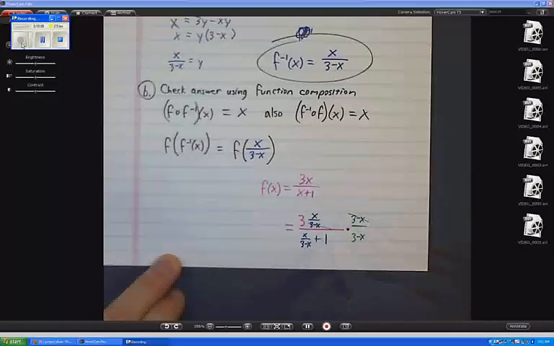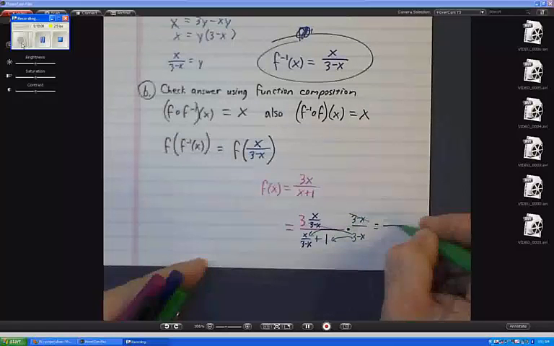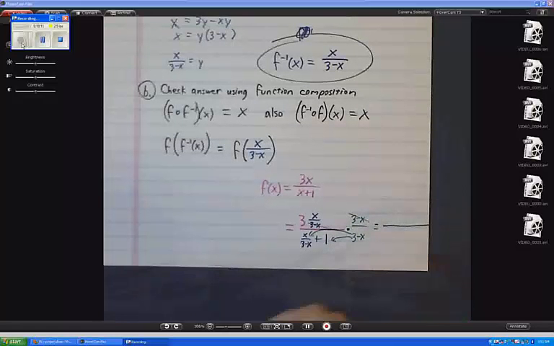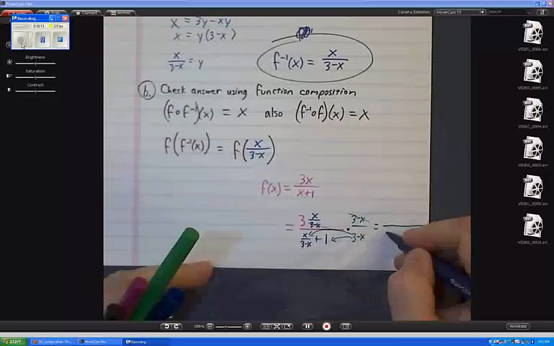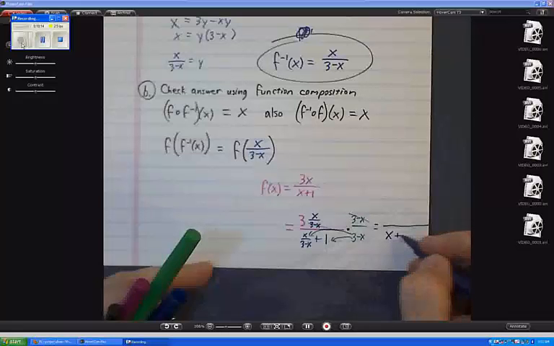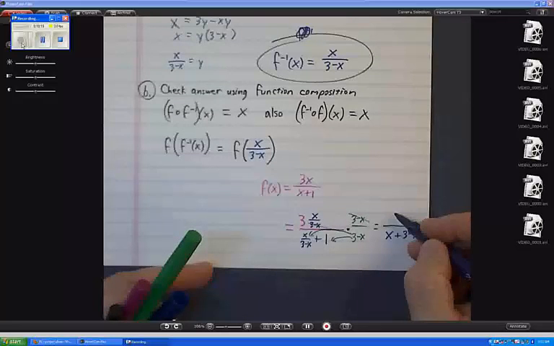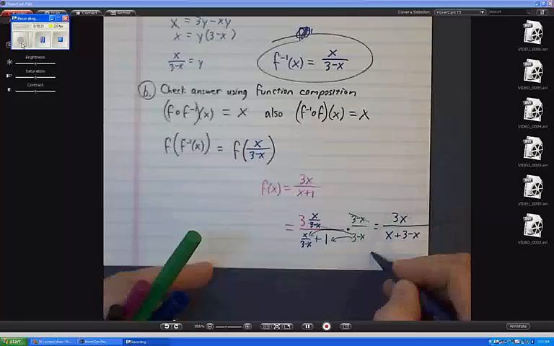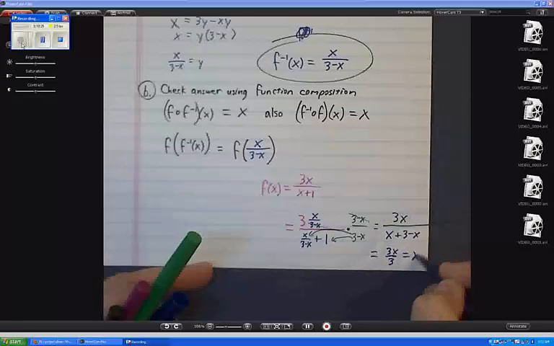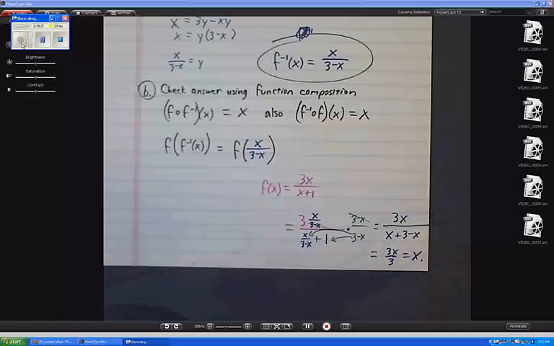On the bottom, you have to distribute. When you distribute on the bottom, you get x, because the 3 minus x's cancel, plus 3 minus x. And up in the numerator, I get 3x. So I just get 3x over 3. There's half of it. You guys can try the other half on your own.